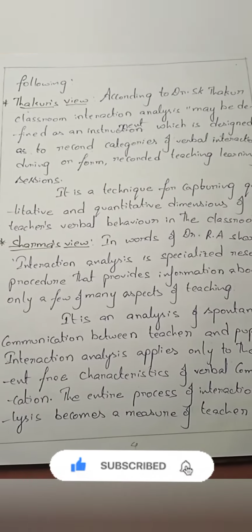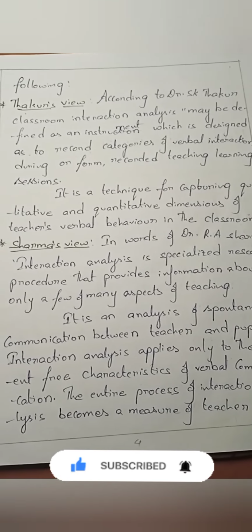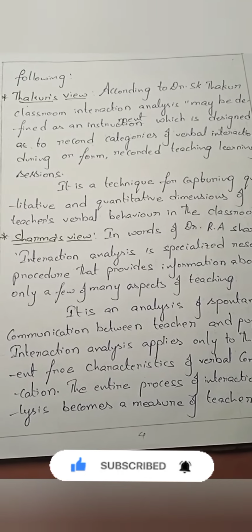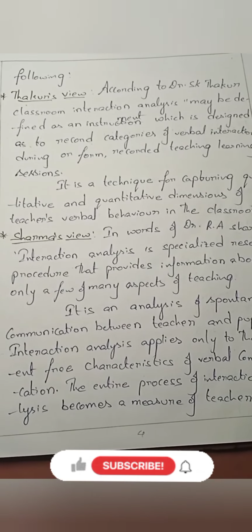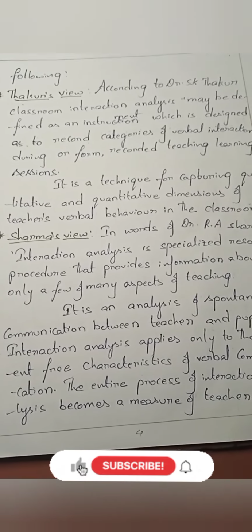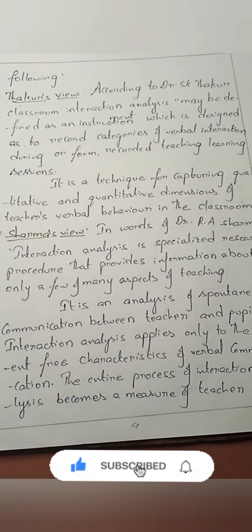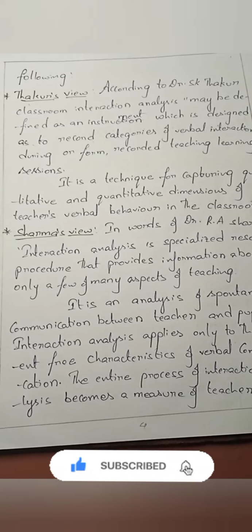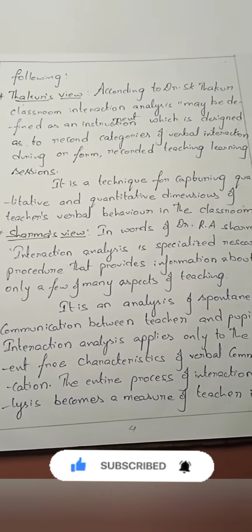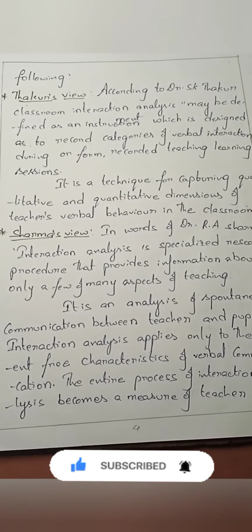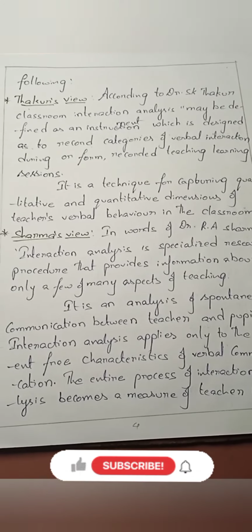According to Thakur, classroom interaction analysis may be defined as an instrument designed to record categories of verbal interactions during or from recorded teaching-learning sessions. It is a technique for capturing qualitative and quantitative dimensions of the teacher's verbal behavior in the classroom.